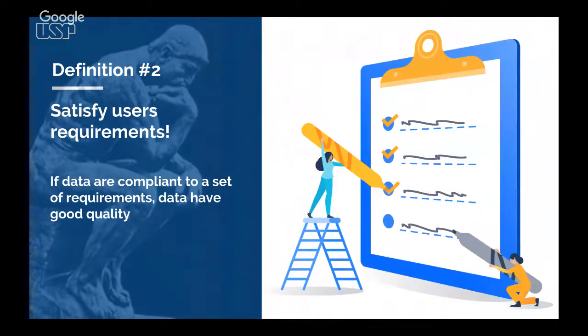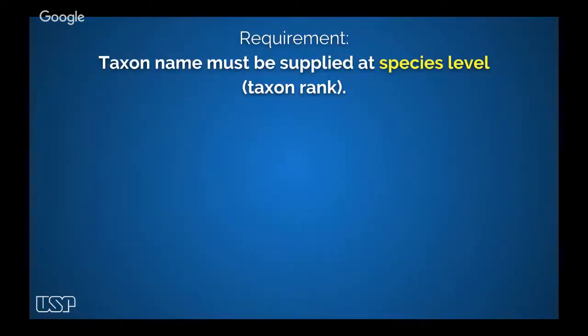So let's see another definition. This definition says that data has quality if it is compliant with a set of requirements. Okay, so let's say we have this requirement: taxonomy must be supplied at species level in the taxon rank.